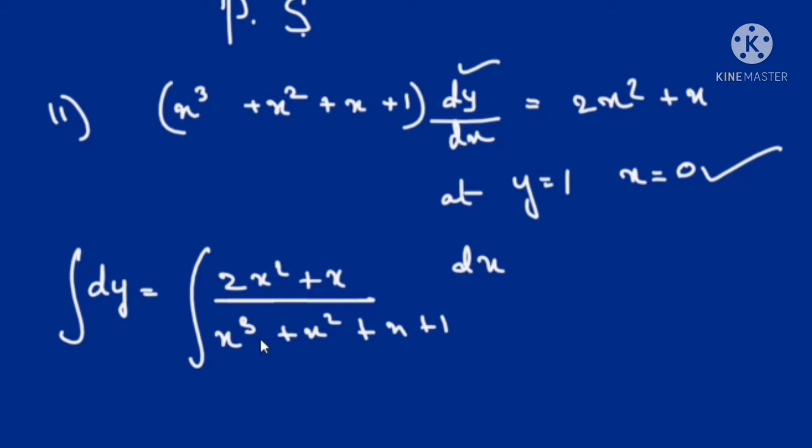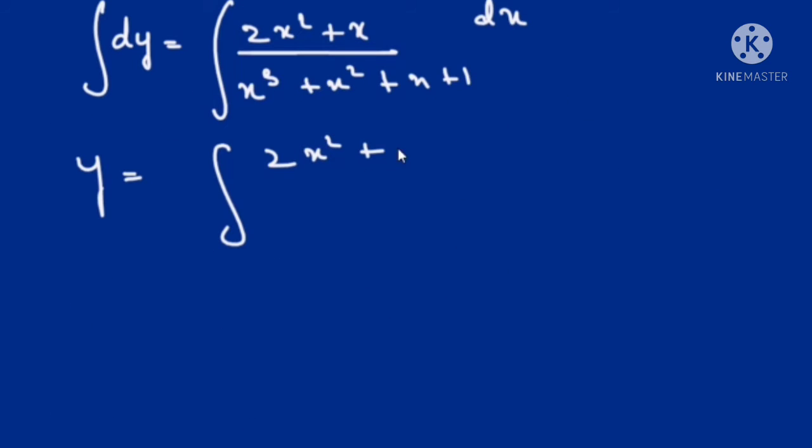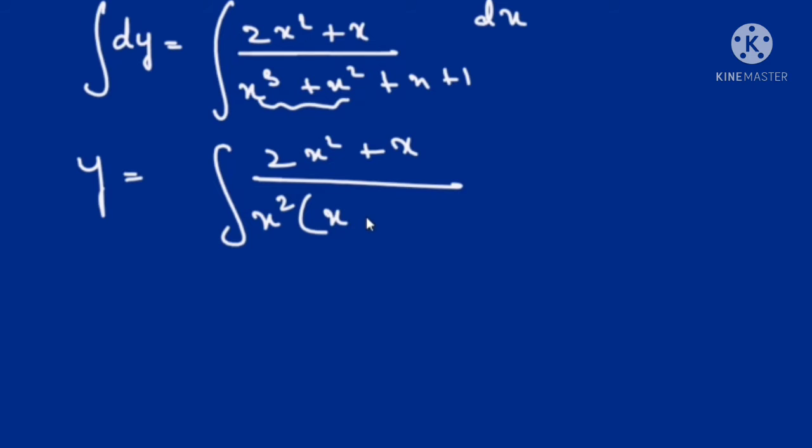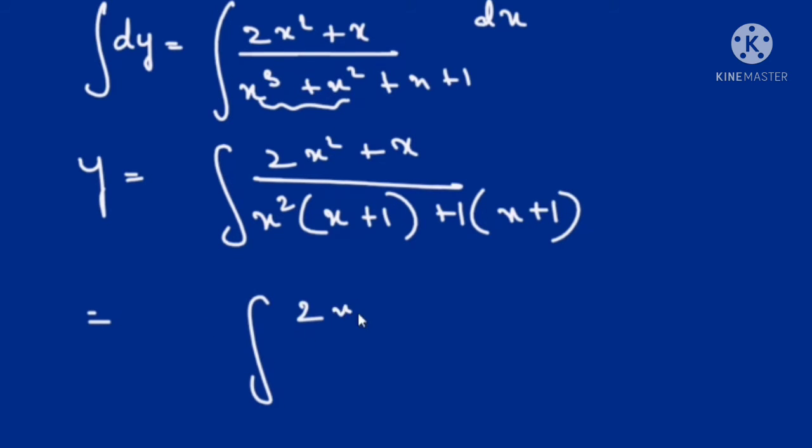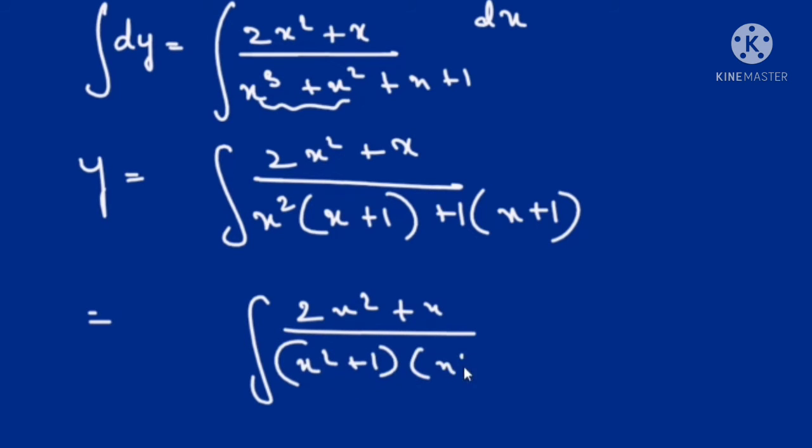Now this, how do you integrate? Factorize the denominator. The first two terms, x square is common, take it out: x square into x plus 1 plus 1 into x plus 1. So that is integration of 2x square plus x by x square plus 1 into x plus 1.